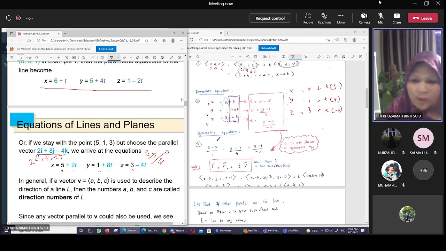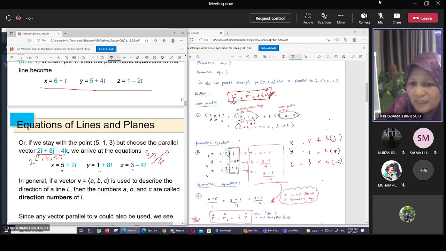There is no variable of t. Since the question may ask to write the equation of the line in symmetric form, then you have to write it. But normally, in order to write the symmetric, I like to start with the parametric. If the question asks for the vector equation, then I will write R equals R0 plus tV. For parametric I directly write this.